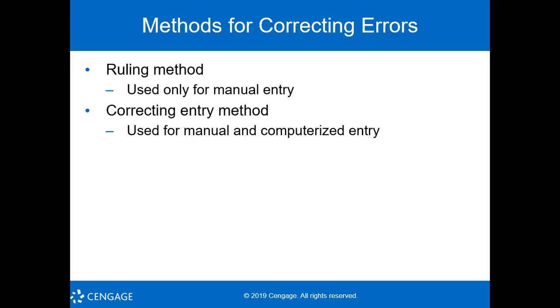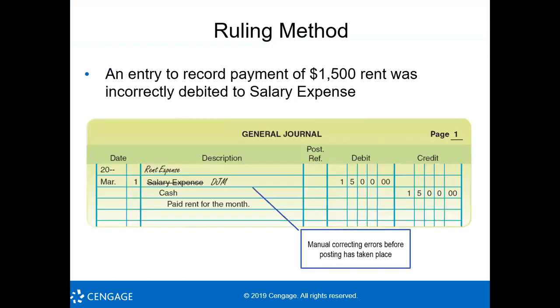And then the correcting entry method, which is used more often. So the ruling method, an entry to record payment of $1,500 rent was incorrectly debited to salary expense. So we would go back to that transaction in the general journal and we would mark it out, and then we would write rent expense.